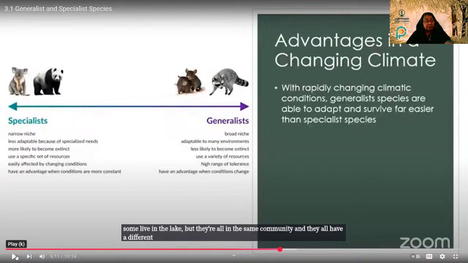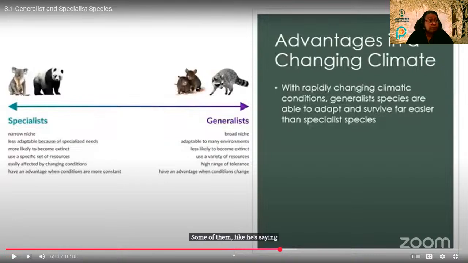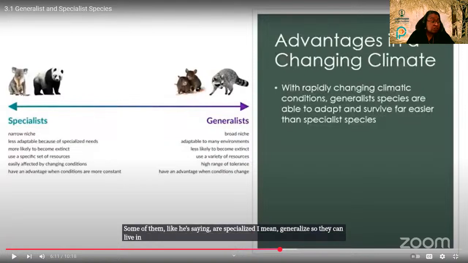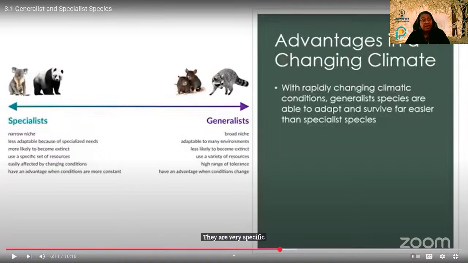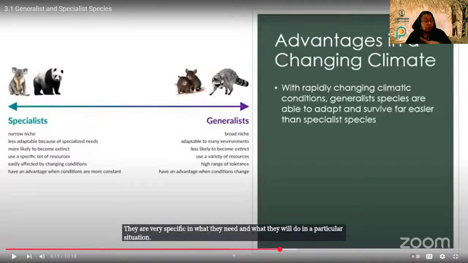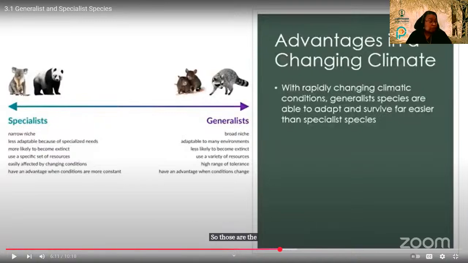Some of them, like he's saying, are generalized, so they can live in any section and thrive. And when changes occur in one food source, they can easily switch to another food source. Specialists only eat one kind of thing, they only like one kind of climate. They are very specific in what they need and what they will do in a particular situation. So those are the two headings that we're looking at.